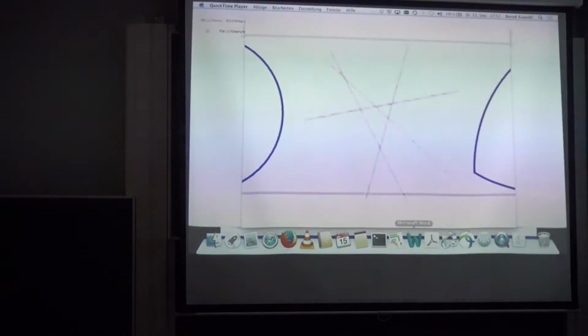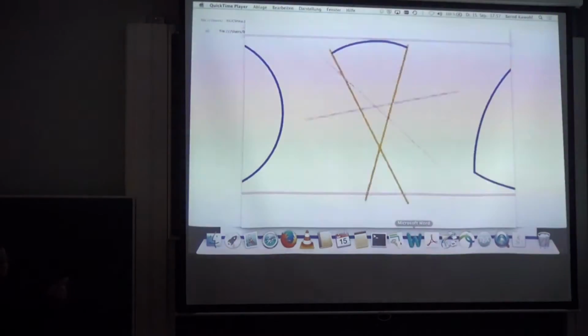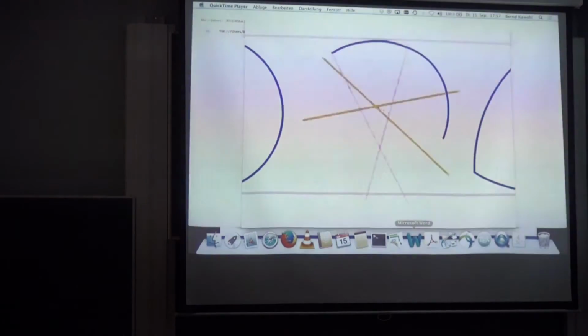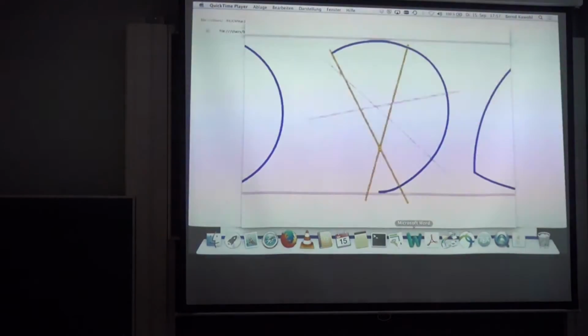This is an irregular set of constant width, and one of my students wrote a master's thesis on this construction, describing it and why it works. So one has to think a little bit about it, but it gives you a set of constant width.